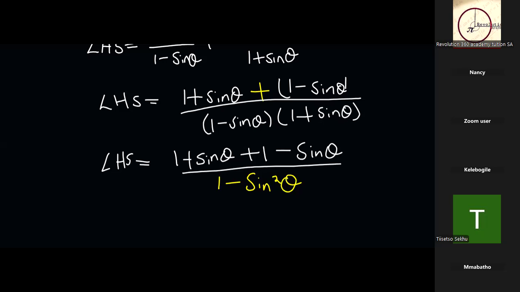Let me show you how. I'm just going to do this aside on a script, and then we're going to come back. So I'm saying 1 minus sin theta into 1 plus sin theta. When you finish simplifying it, you must get 1 minus sin squared theta.